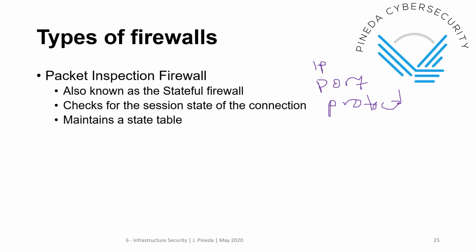In the packet inspection firewall, it also has what we call session state. It checks the session state of the connection and maintains what we call a state table. So how does it work?